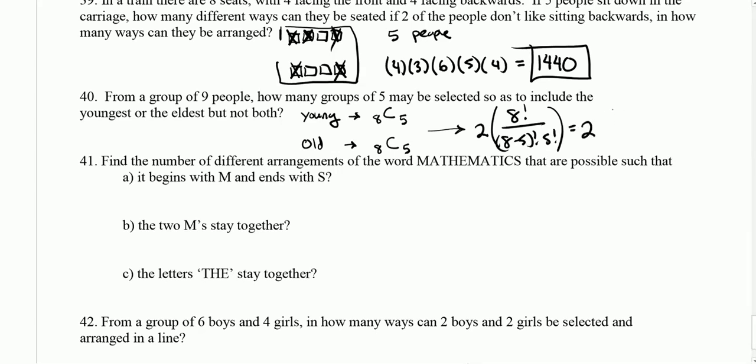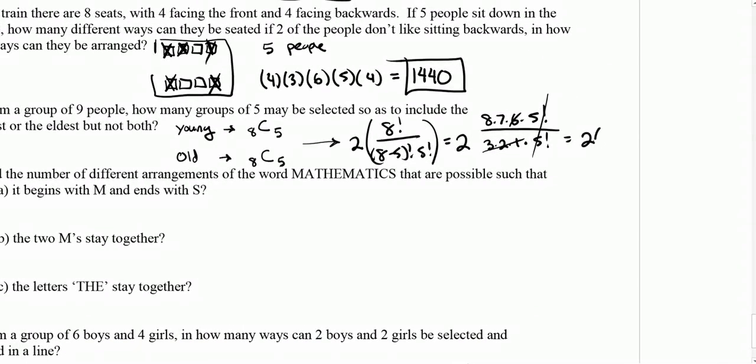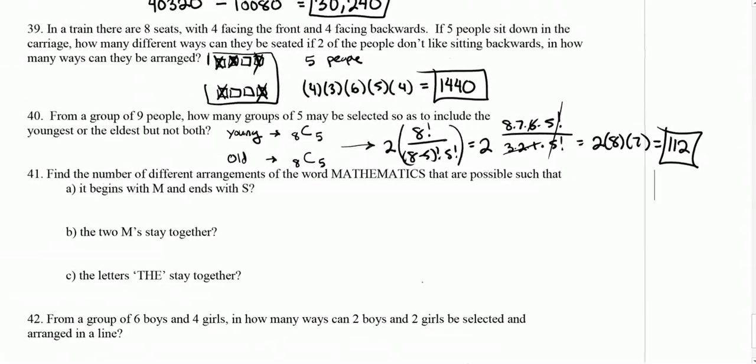So this is 2 times 8 times 7 times 6 times 5 factorial, over 8 minus 5 is 3, so 3 times 2 times 1, that's your 3 factorial, times another 5 factorial. 5 factorials cancel out. 3 times 2 times 1 is 6, canceling out with the 6. So now we have left 2 times 8 times 7, and 16 times 7 is 112 different groups.